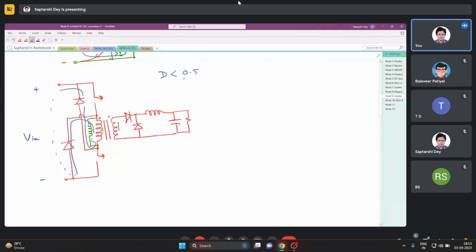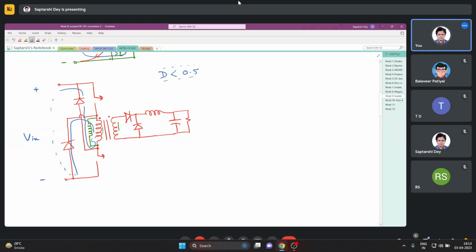0.5. So if you compare this with our conventional forward converter topology, what advantages do you have? You can have higher duty ratio, right? That is not a very big advantage, because there also you can have it if you adjust n1 and n3 like that.